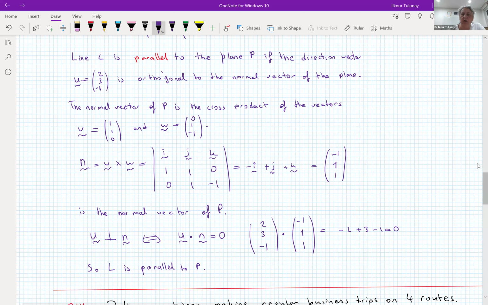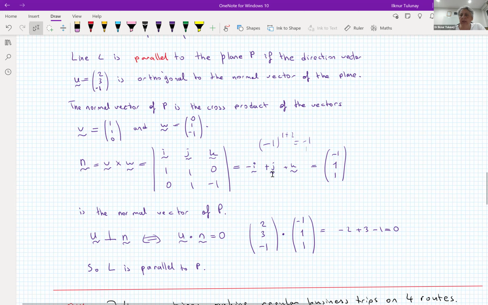So there is a coefficient minus 1 on j. You take out this column and this row, then calculate the determinant, which is minus 1. But since you have a minus 1 here, that will be plus 1.